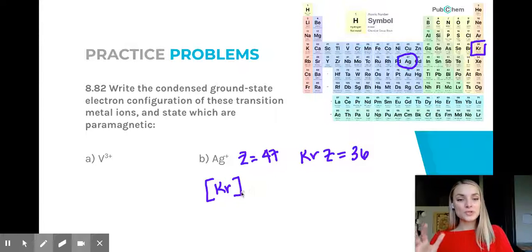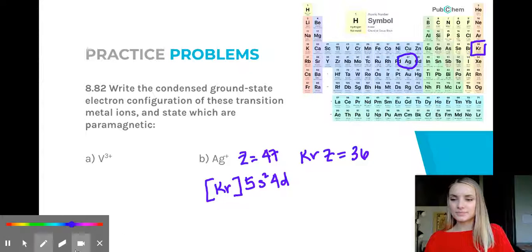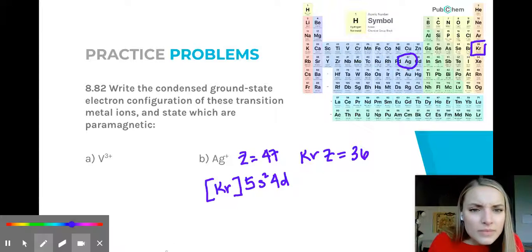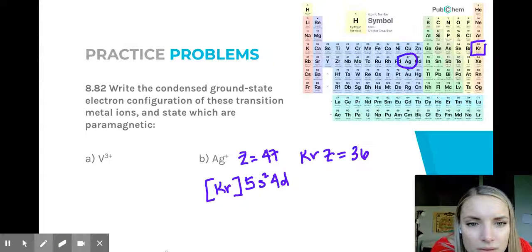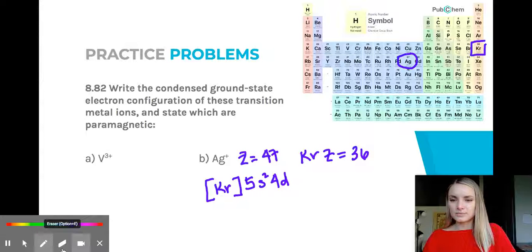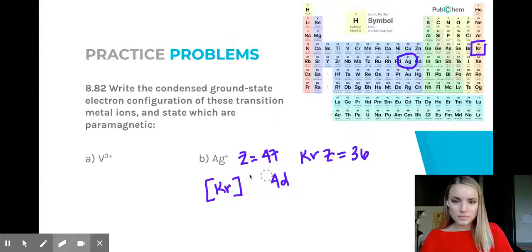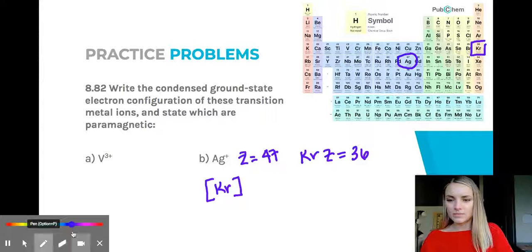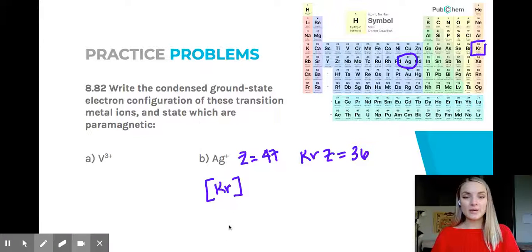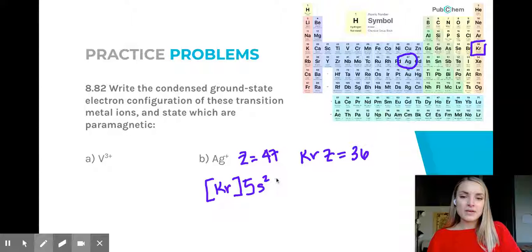Right. Hopefully, if you've chosen to write out the unionized form of silver, you should have krypton, 5s2, 4d9.